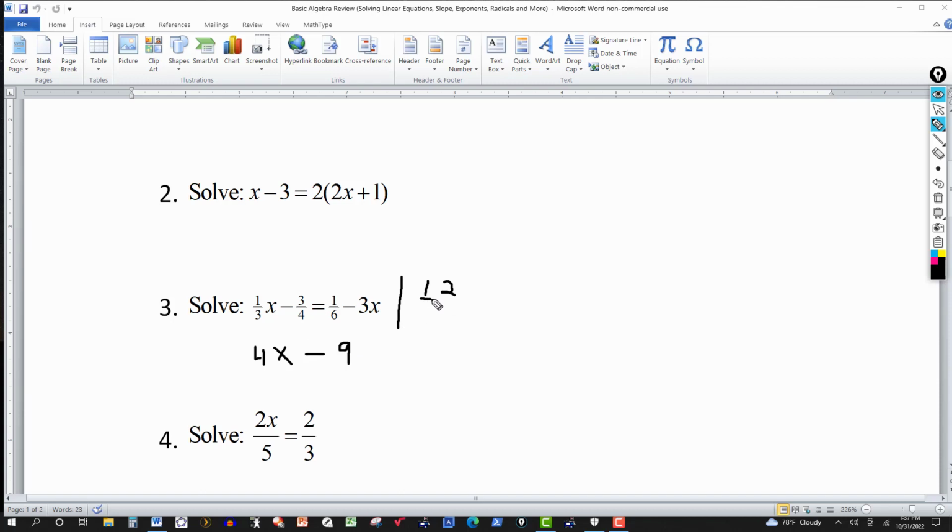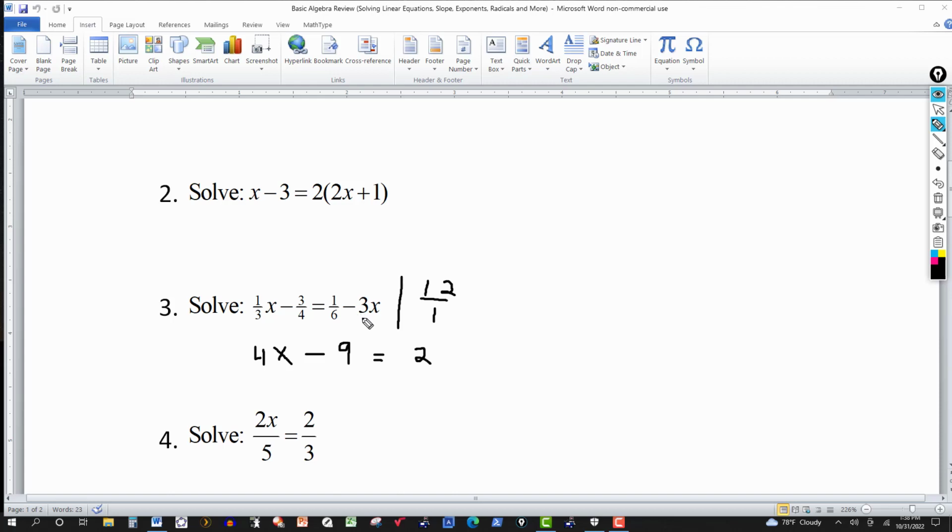You can look at this as 12 over 1 if you want. And multiplying fractions, you multiply the numerators and the denominators and then reduce it. On the right side, you can go 6 times 1, 1 times 12, but that's still going to be 12 over 6, which will be 2. You can go 6 into 12, 2 times.